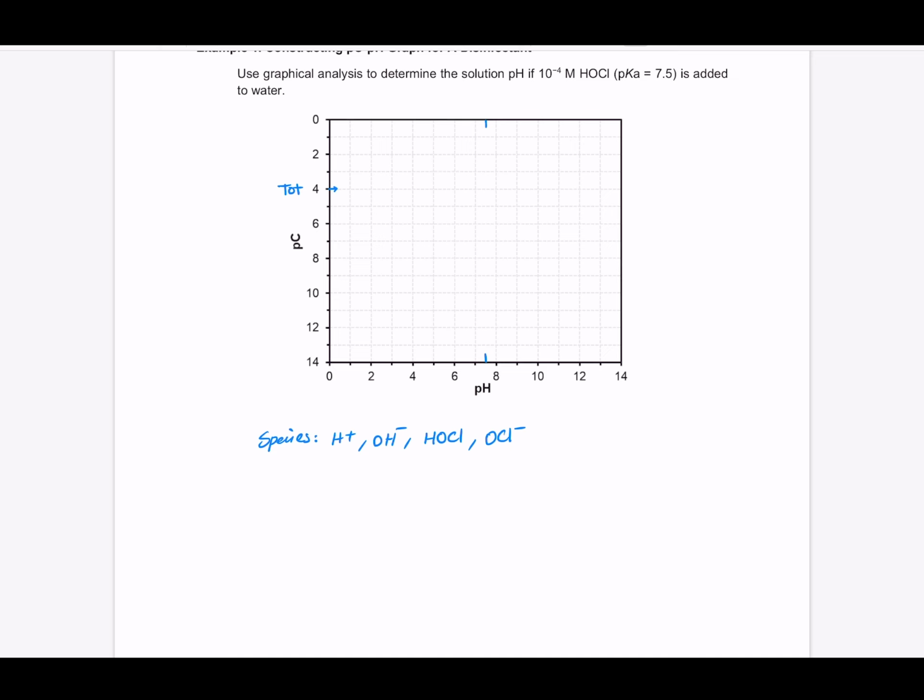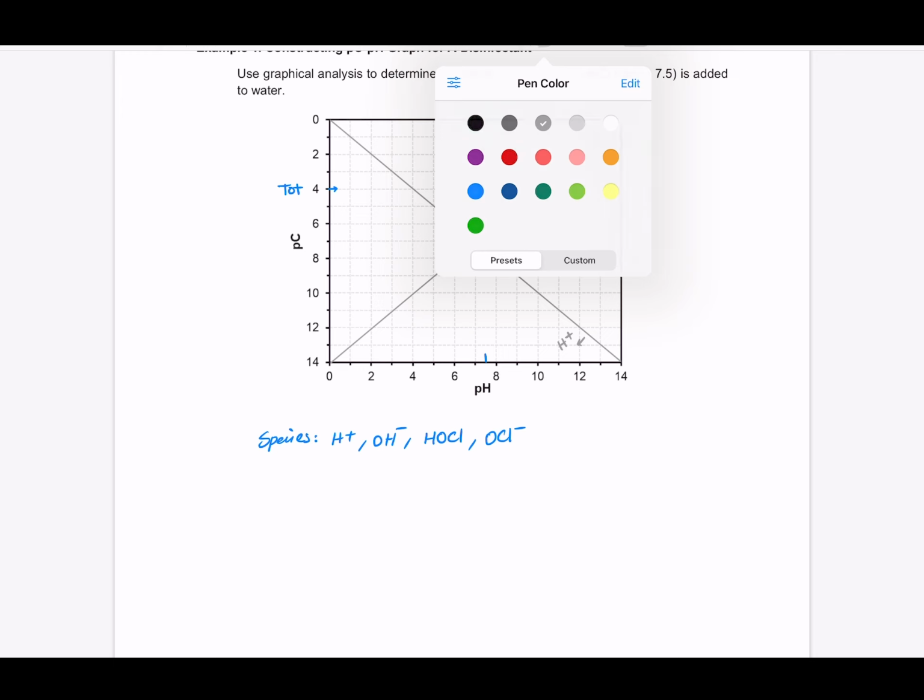Starting from basically the H plus, OH minus, and the H plus.